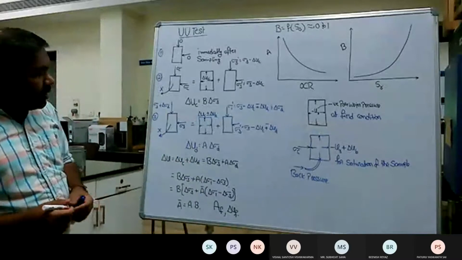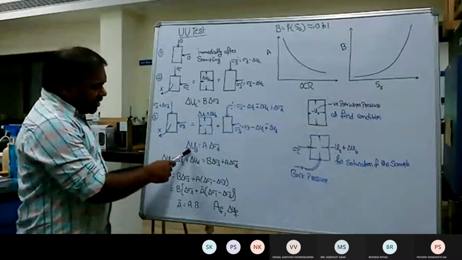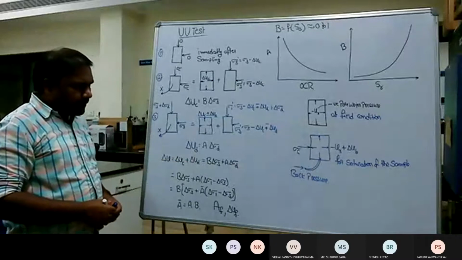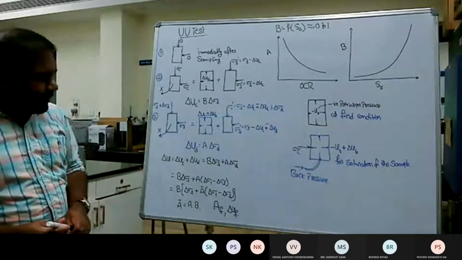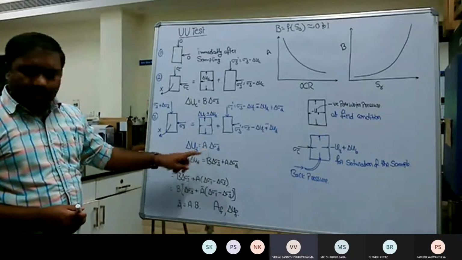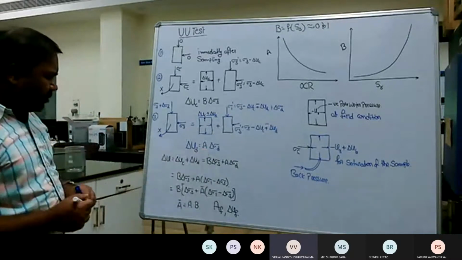Sir, the ratio of delta UD and delta sigma D, I think that would be A bar. Yes, sir, it should be A bar.